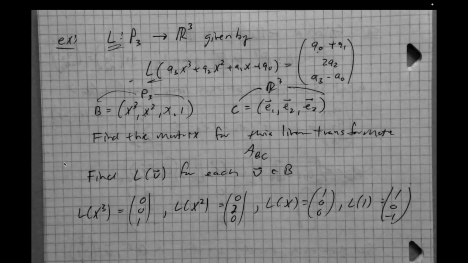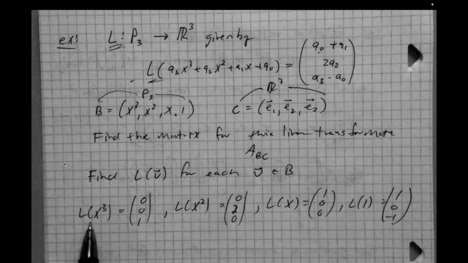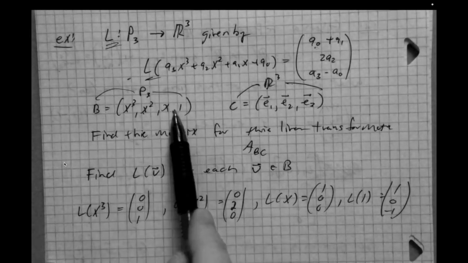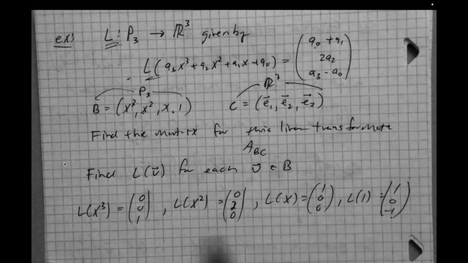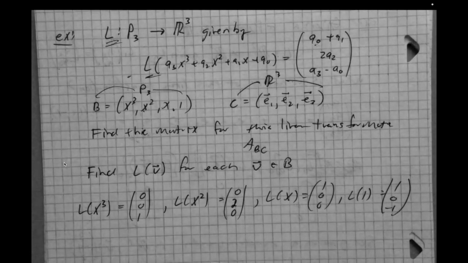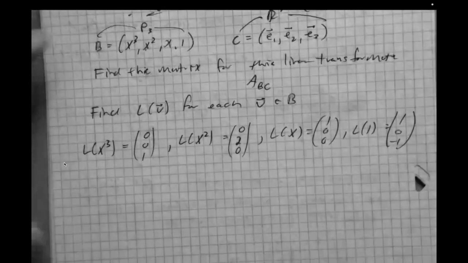And so this is the effect on the domain basis. This is what you get when you apply the linear transformation to the basis vectors in the domain. Now, since we're using the standard basis for R3, each of these images in R3 is its own C coordinatization.